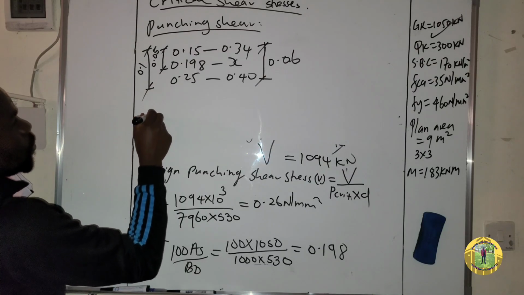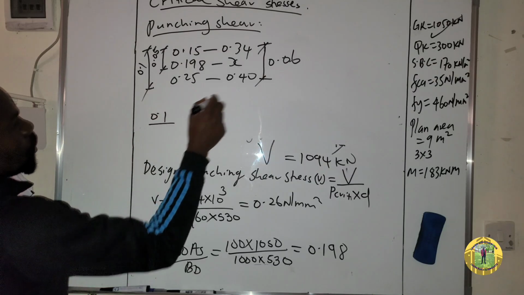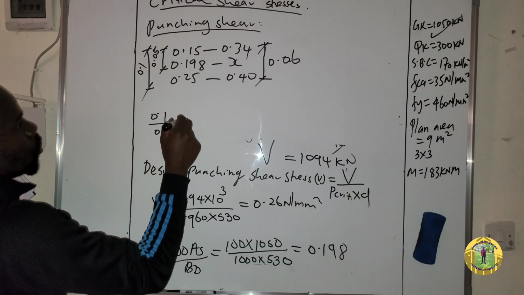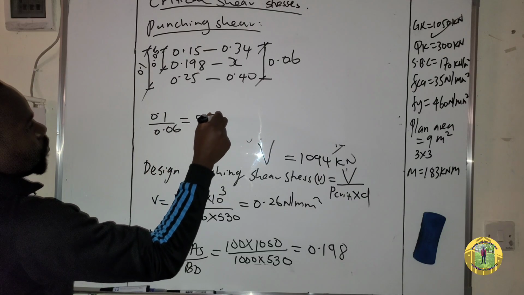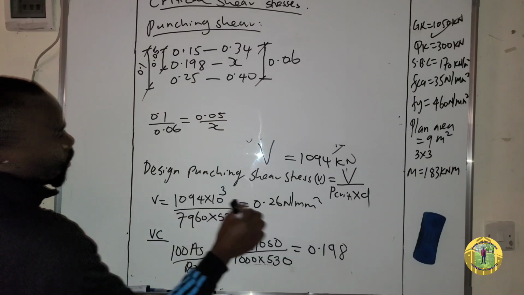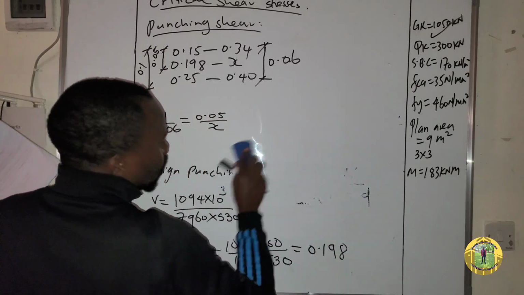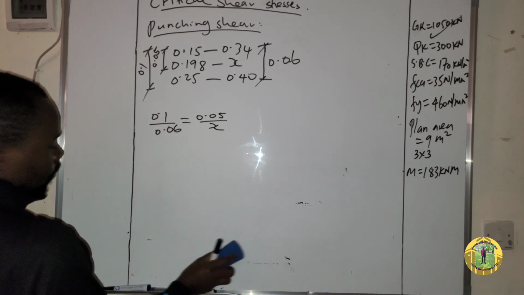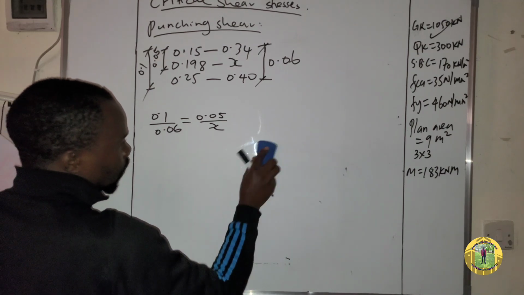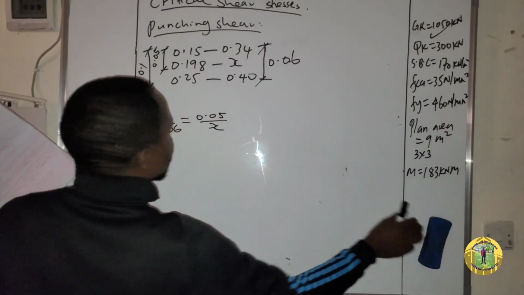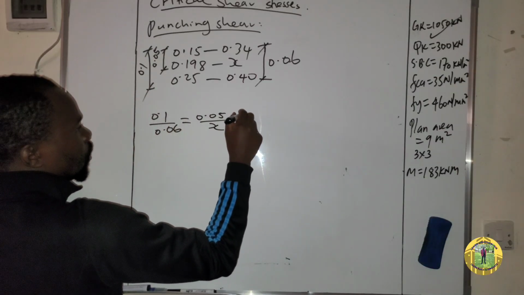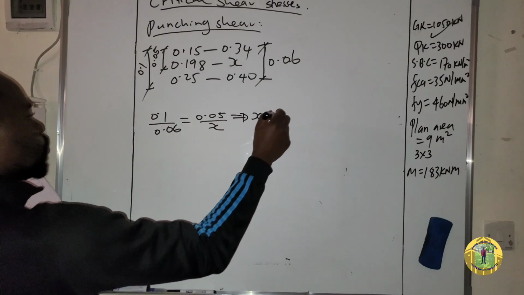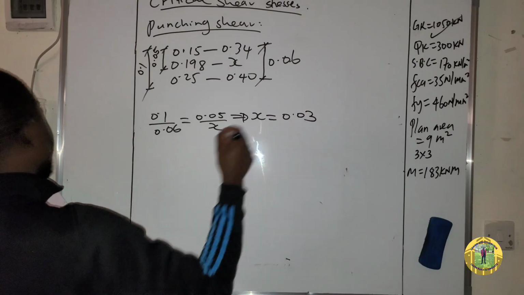So 0.1 you compare with 0.06 is equal to 0.05 over x, which implies, we'll cross multiply and find the value of x. So x is equal to 0.03.